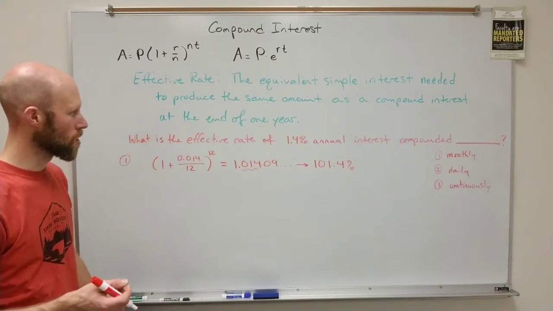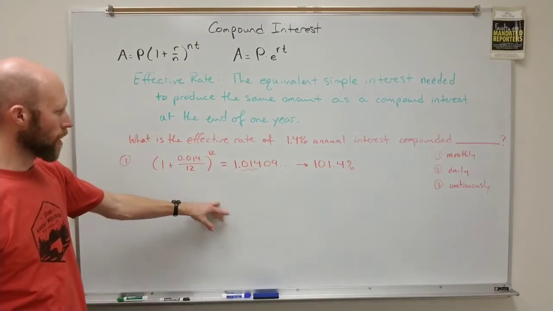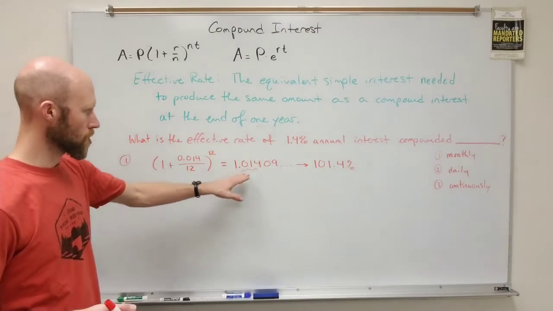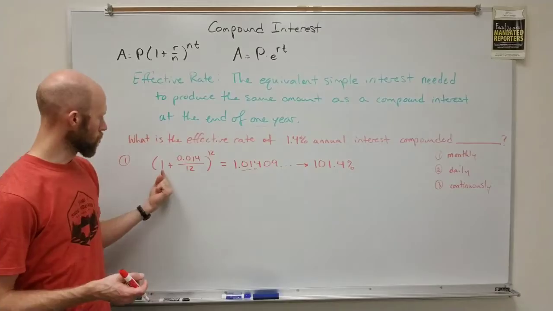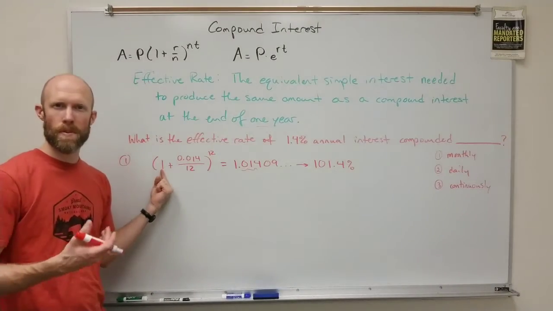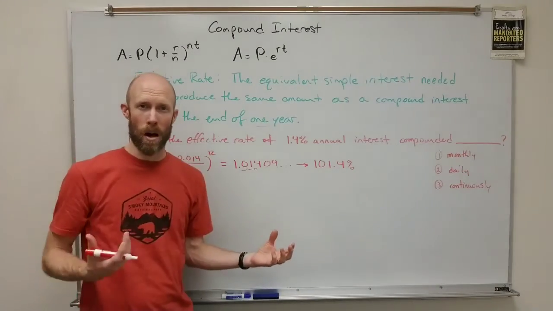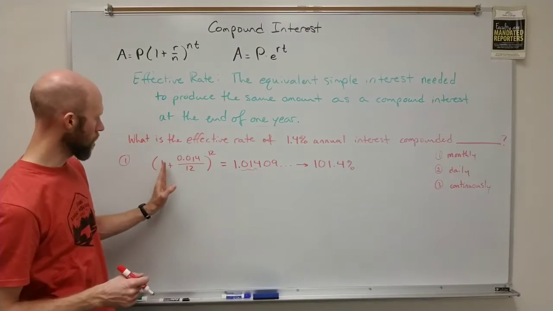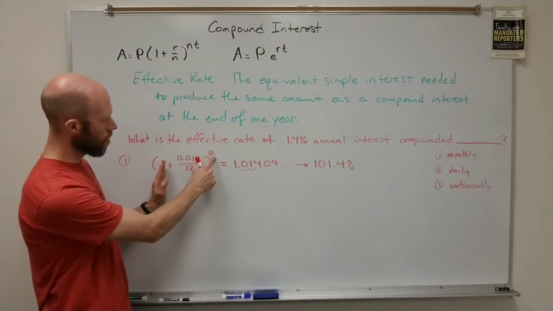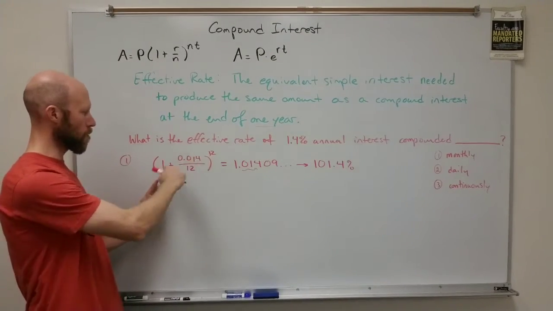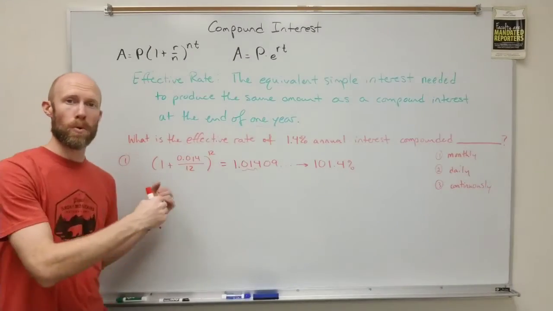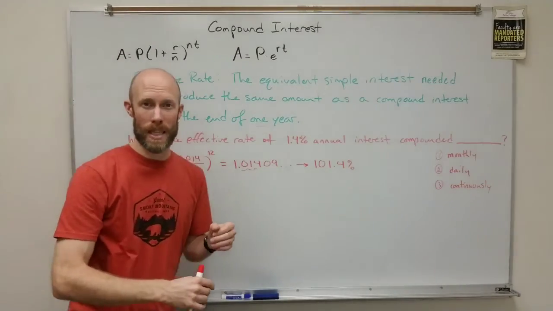What we're not accounting for is that this percent includes the original 100% of the principal, which in the end we want to peel off. We don't want to peel that 100% off at the beginning because the 12 needs to apply to it. The power needs to apply to this whole thing, but we peel that 100% off at the end.